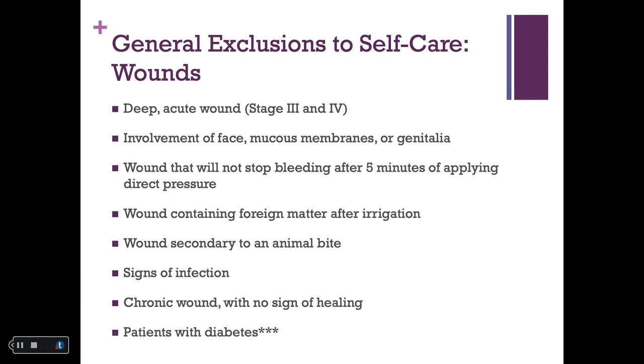If it's a chronic wound, a wound that's just not healing very quickly or at all, that's a concerning sign. And then lastly, patients with diabetes are on this list. But as we said with burns, it's not necessarily always the case that we don't treat them. I routinely recommend wound care to diabetics. We just need to be much more careful because they are prone to having limitations to their healing.